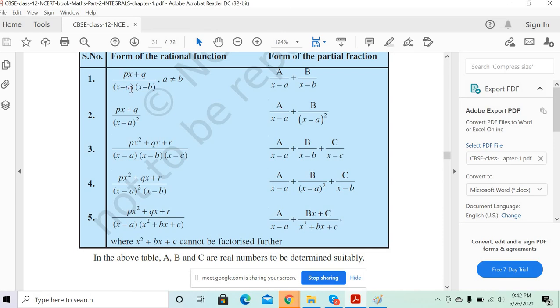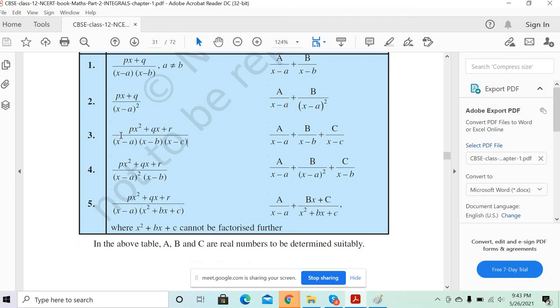So 2 minus 1 is 1. That means denominator power is 2, numerator power is 1, so there is a difference of 1. Right? Here also the degree is 2 and the numerator's degree is 1. So you can apply the partial fraction: A/(x − a) + B/(x − a)².